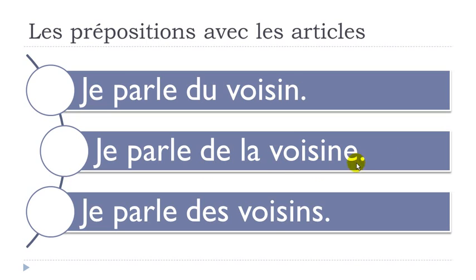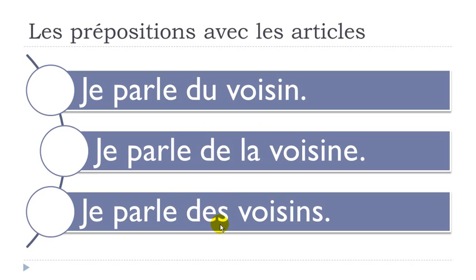And then for the plural, as we had for à, remember, for the masculine singular and the plural, changes will happen. So, je parle des voisins. Here we've got the plural form of voisins, so neighbors, all right? Je parle des voisins. So remember, masculine, du, feminine, de la, and then the plural form.